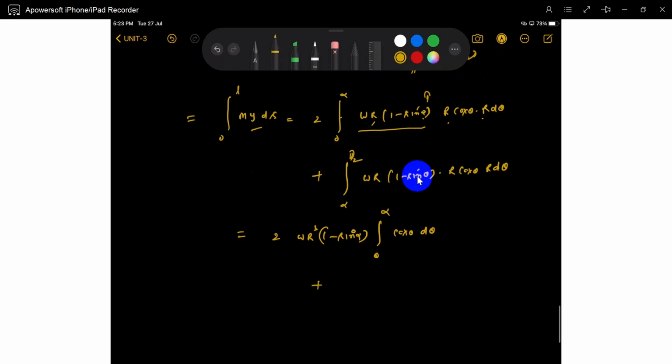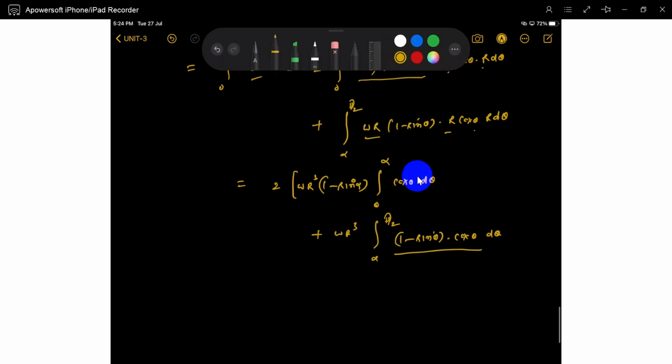So the second part, what will you get? w r cube, alpha to pi by 2, 1 minus sin theta cos theta d theta. You already know this integration.